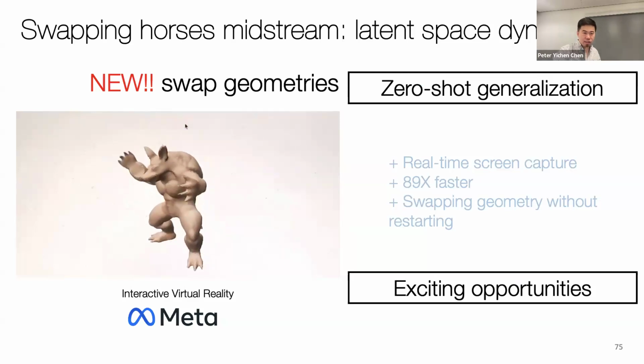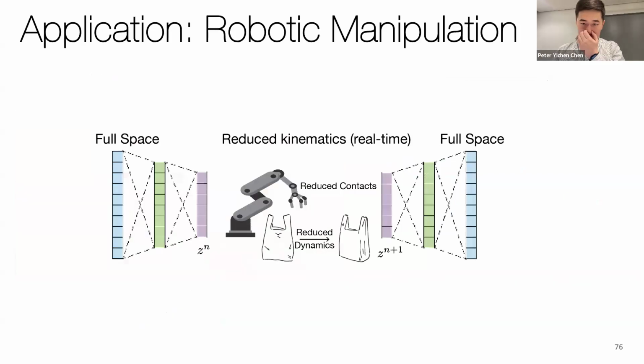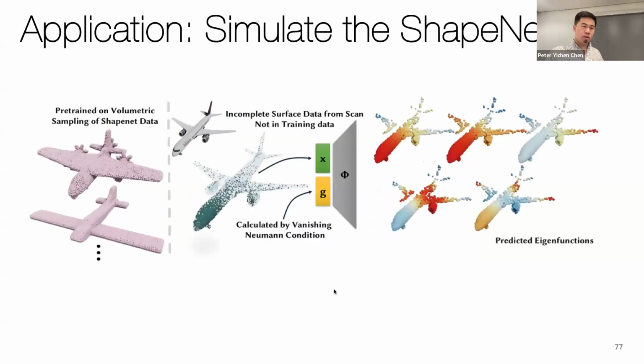And as such, there are lots of exciting opportunities, right? Let's say robot manipulation. Let's say we want to manipulate different geometries, different bags, for example. We've also recently generalized this even further. Instead of just training on one geometry, or 3 or 4 other geometries, we pre-trained this on the entire ShapeNet, where there are lots of shapes.